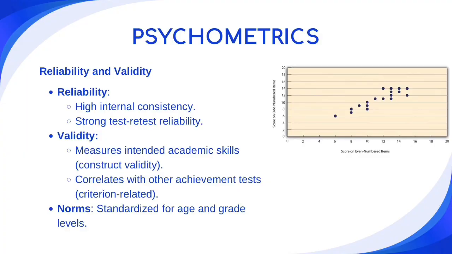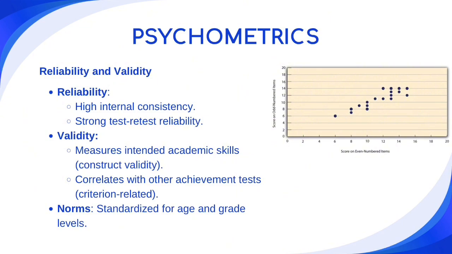So, the KTEA is known for its strong psychometric properties, ensuring accurate and reliable results. It demonstrates high reliability, meaning it consistently produces stable scores over time and across different administrations.